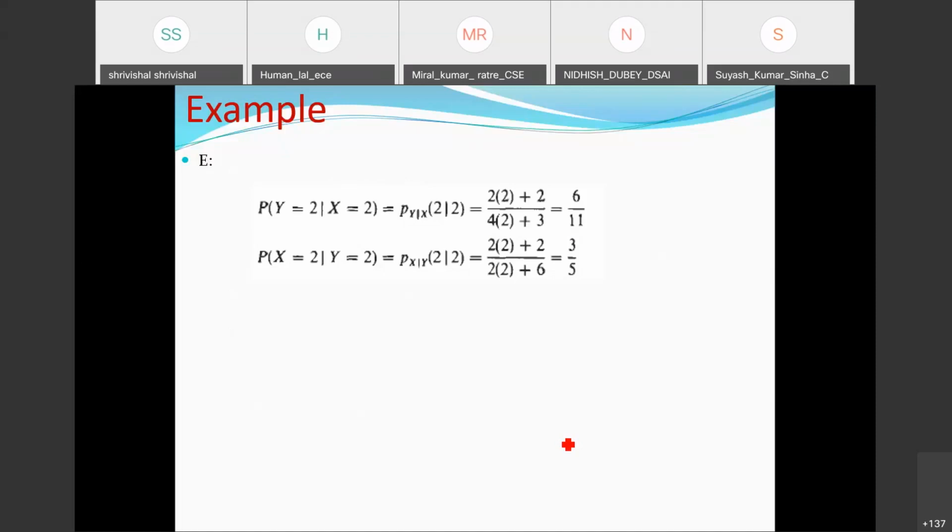We need to simply substitute x equal to 2 and y equal to 2 in those conditions. That's it. The main work has already been done in the D part. In the last segment, it was just simply substituting the values and finding the answers.